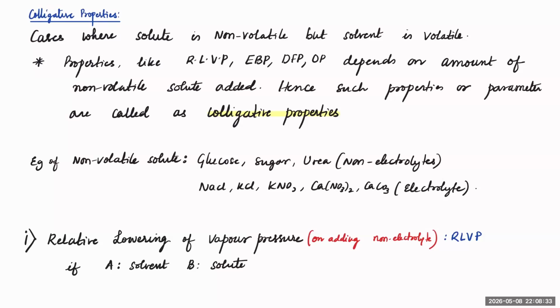And the change in the properties will be specifically dependent on how many particles of non-volatile solute you have added. It always depends on the amount of non-volatile solute. Such properties which vary only on the basis of the amount of non-volatile solute added are called colligative properties.